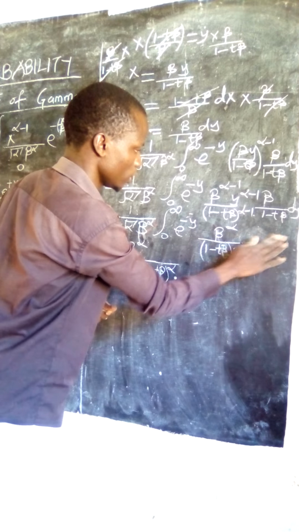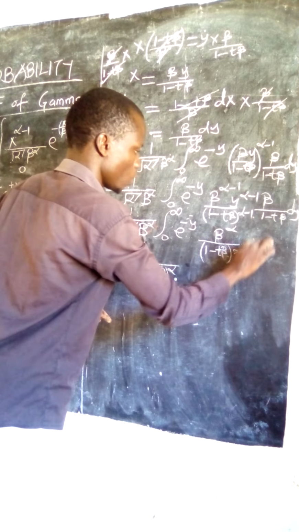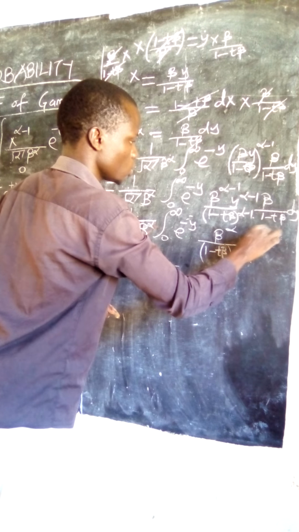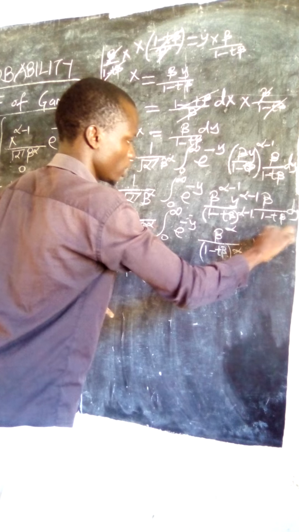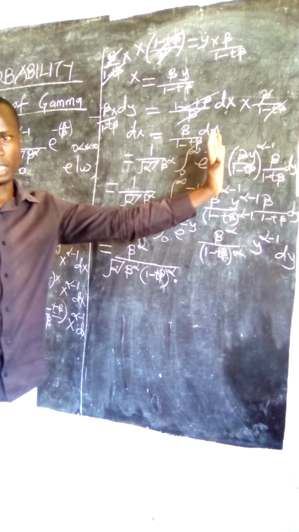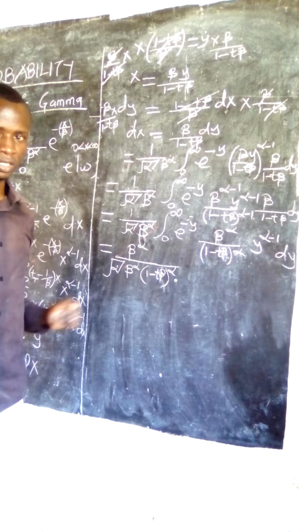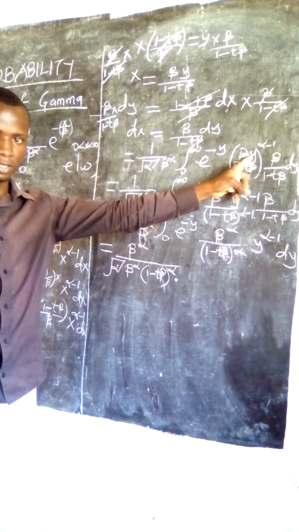So instead of having my dy there, let me have y raised to alpha minus 1 when I have my dy. Yes, so y was remaining, and that's why I have corrected it there. Please note where I've done the change.